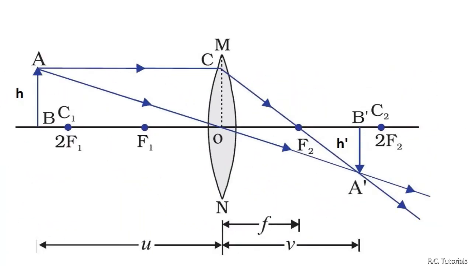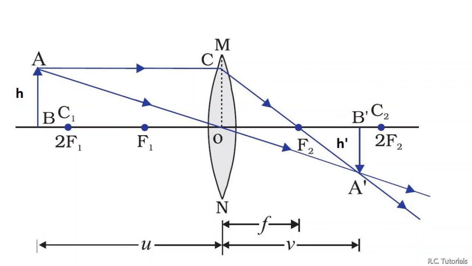Let us consider any type of lens. Suppose we have a convex lens. As shown in figure, let U be the object distance and V be the image distance and F be the focal length of the lens. Let H be the height of the object and H dash be the height of the image.